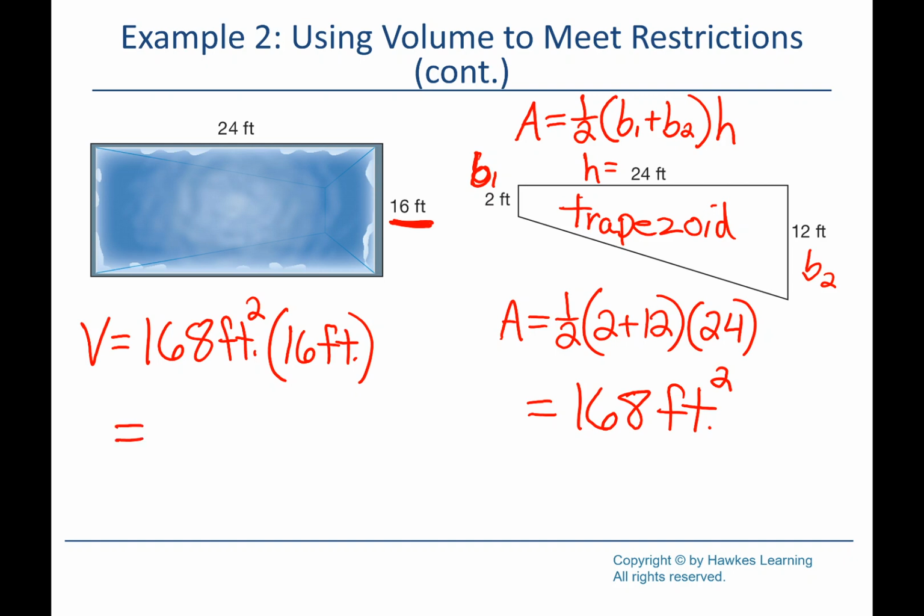We get our volume, 2,688. It's feet, and it's volume, so it's cubed. And you can even check to make sure the units make sense. Here we've got feet squared times feet, so we'll get feet cubed. It's like x squared times x is x to the third. There's our volume.